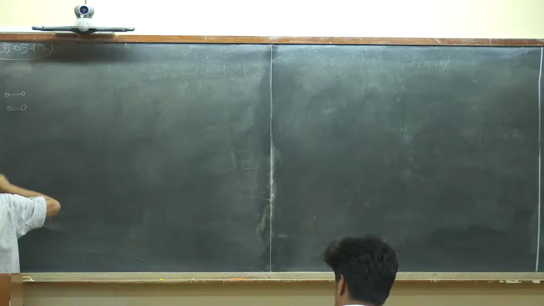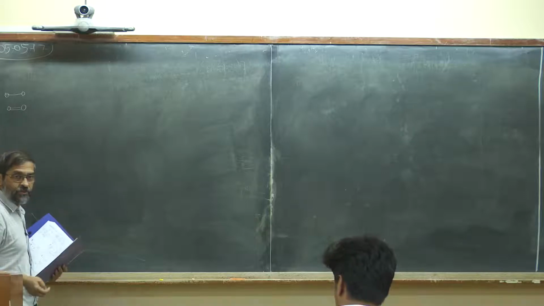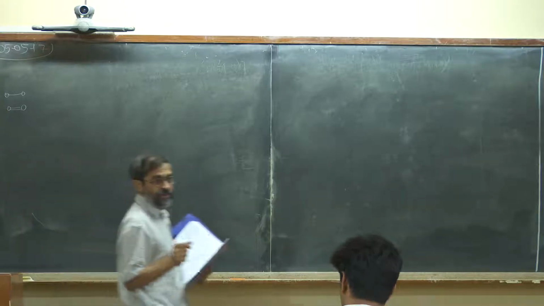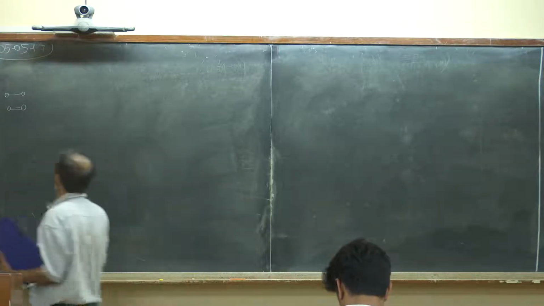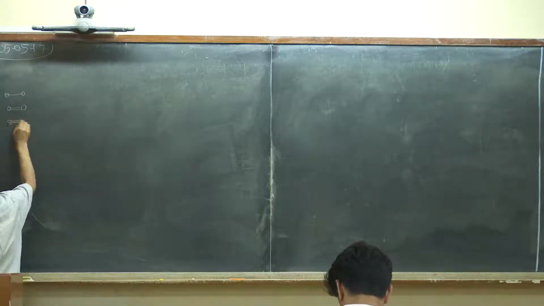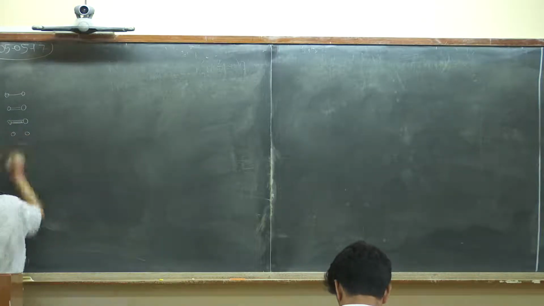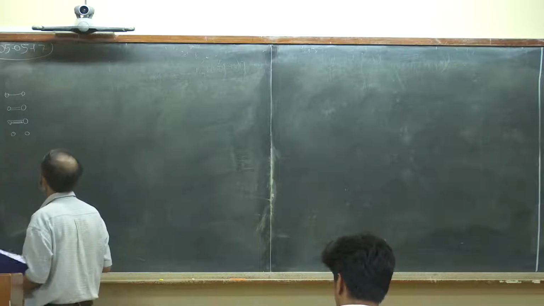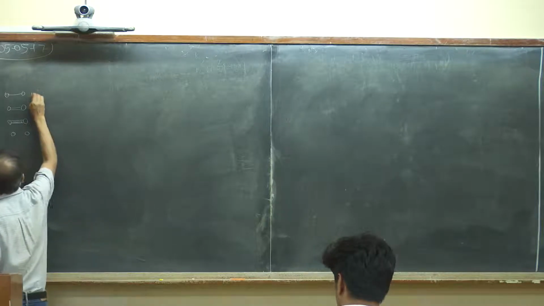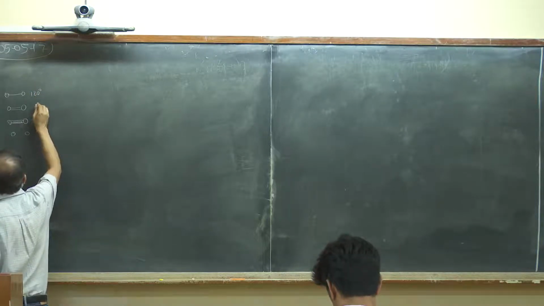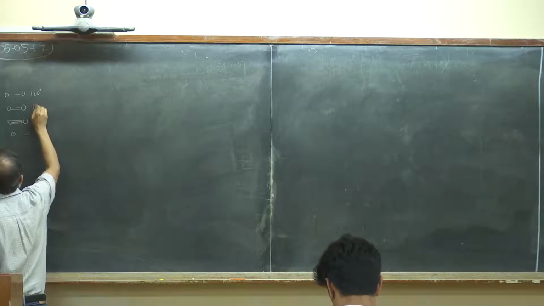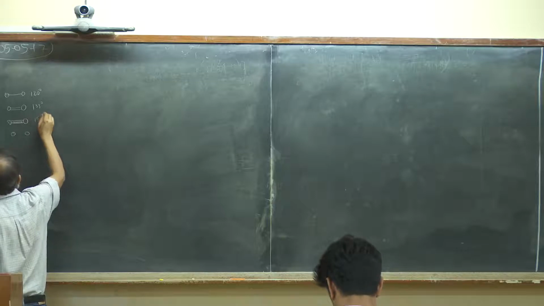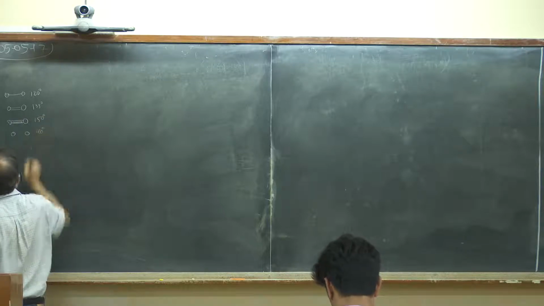The primary tool in describing root systems was to represent simple roots by blobs and the angles between them by some kind of single bond, double bond, triple bond, or disconnected blobs, which means that the angle between them is, so this is the angle of 120 degrees, this is the angle of 135 degrees, this is 150, and this is 90.